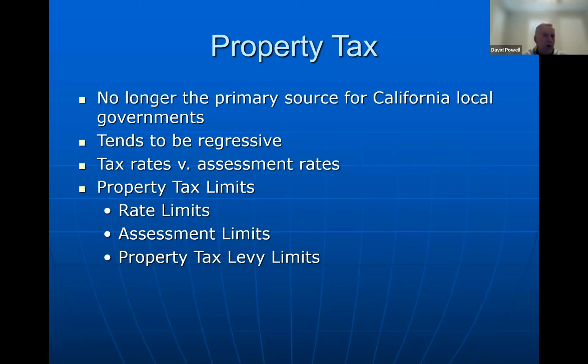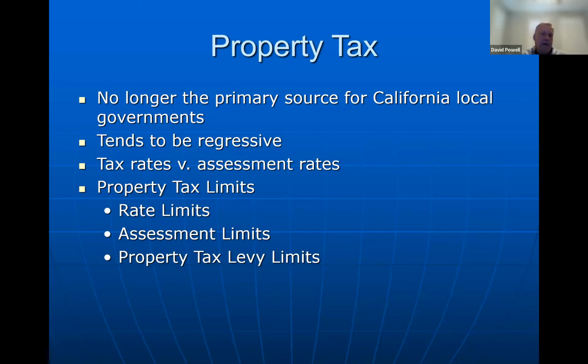And when you combine those two things together, you end up with what's known as a property tax levy limit. A property tax levy limit is just the combination of a rate limit and an assessment limit. Proposition 13 is what we call a property tax levy limit. It combines a 1% rate limit with a 2% assessment rate limit.